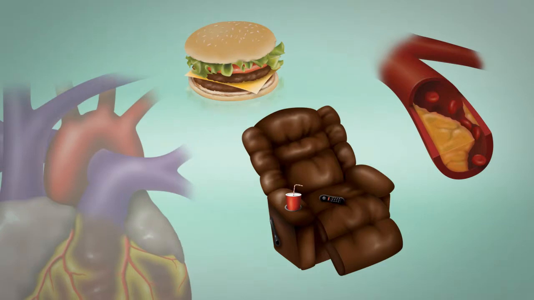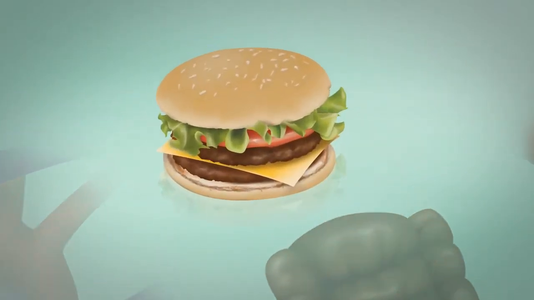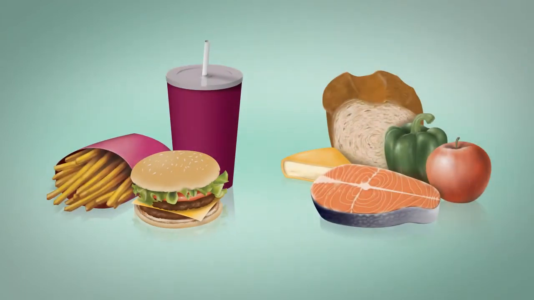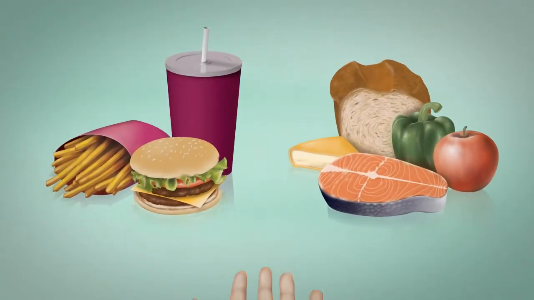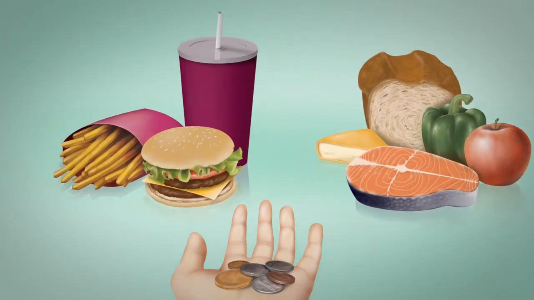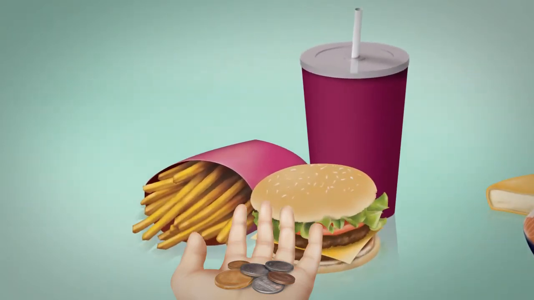But let's dig a little deeper by looking at food choices specifically. Several things influence what we decide to eat, including how much money we can afford to spend on food. A hamburger from a fast food restaurant is less expensive, but much less nutritious than fresh foods like fruit and vegetables.